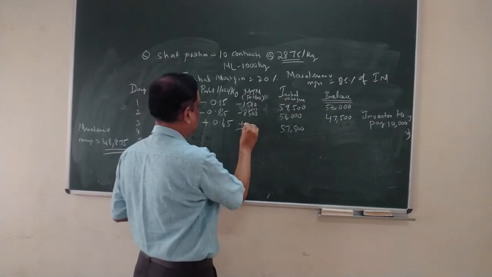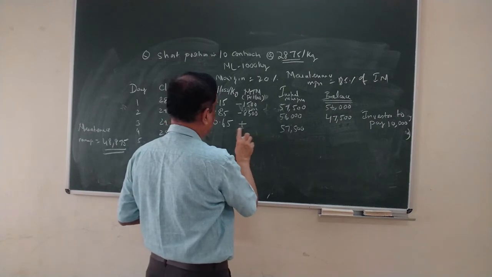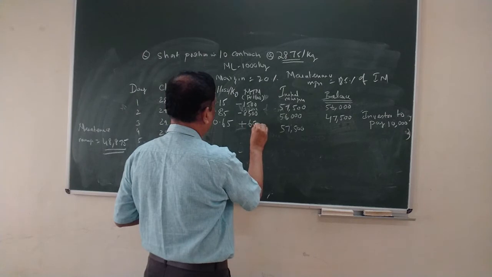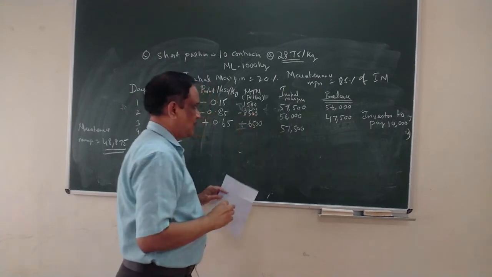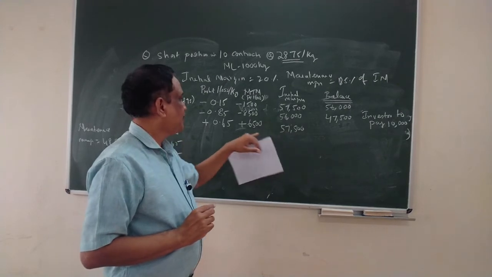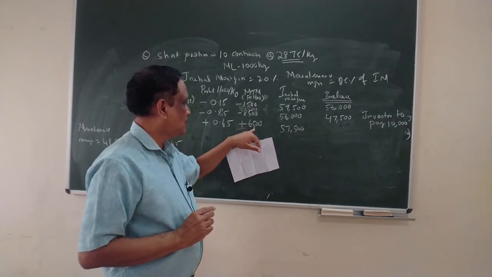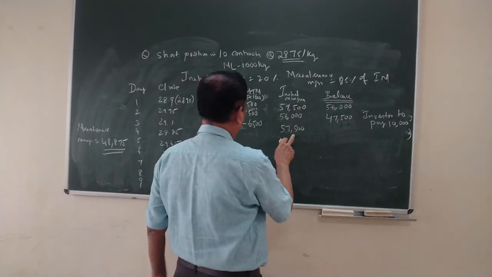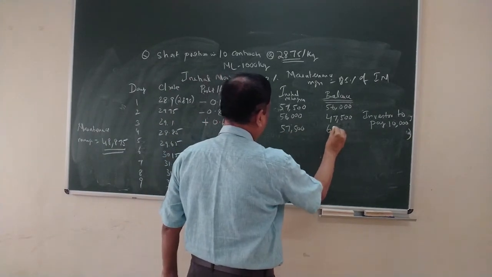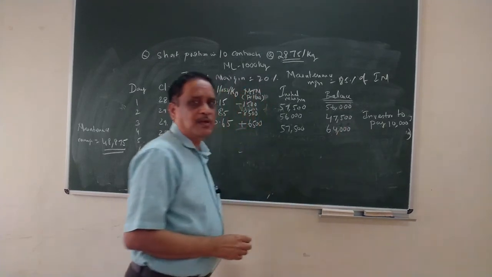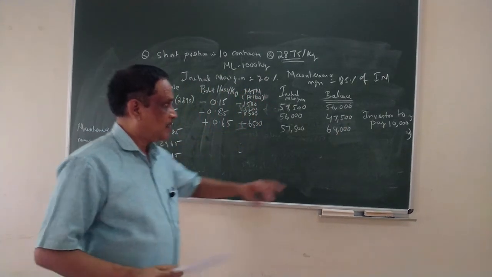So he will be getting a profit of 6,500. Initial margin is 57,500, and you add this to it, and his balance would become 64,000.